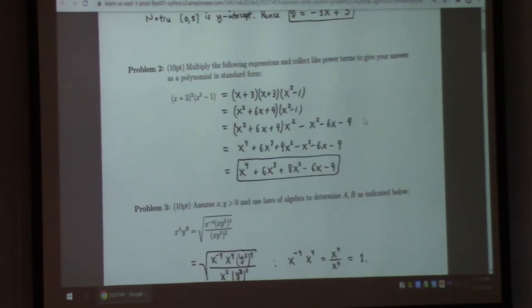I don't really have much to say about problem 2. I guess I would say FOIL is great, but FOIL doesn't help you multiply this trinomial times this binomial, right? You need to think about the distributive property, and as a general guide, if you're multiplying something with m things times something with n things, you should have mn total terms, right?